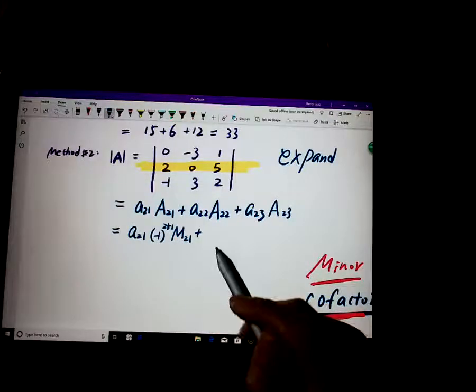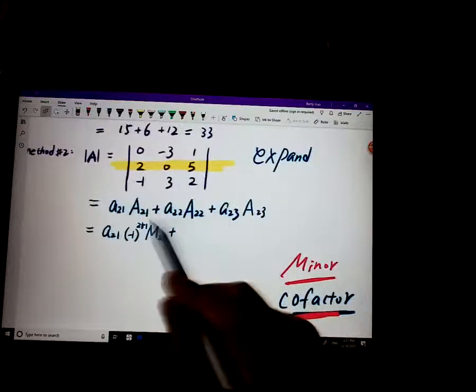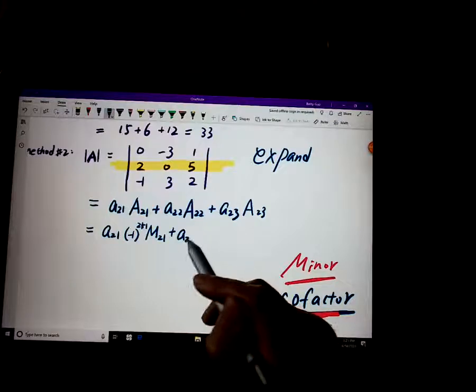If you repeat this part, you should get it. I think I made it pretty clear already. So second entry, A22.